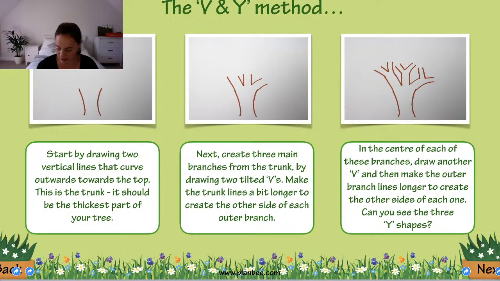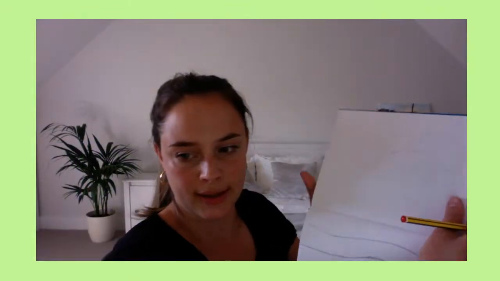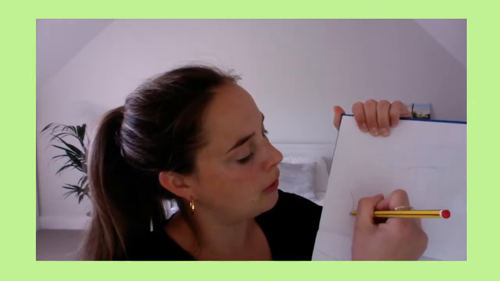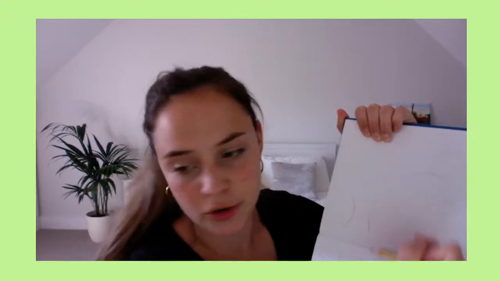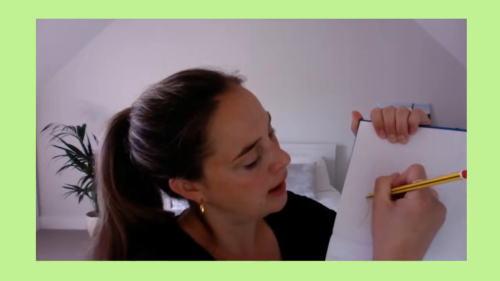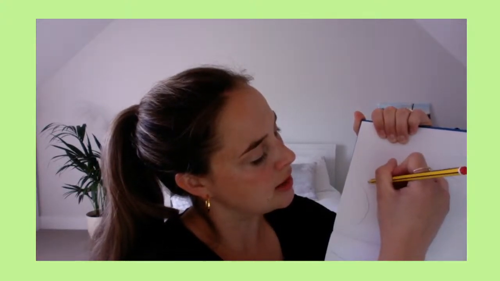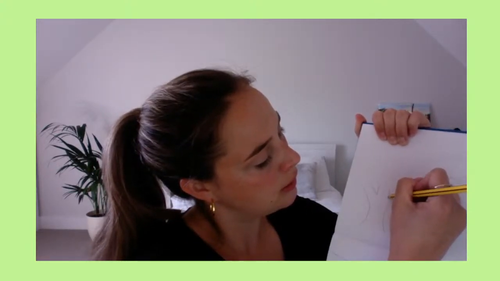I'm running out of space on my sketch pad here, so I'm just going to rub out something. Okay, so what we were saying here, I'm going to just show you quickly, is on your piece of paper, you have your two lines for your trunk like this, and then you extend those lines and draw two V's.